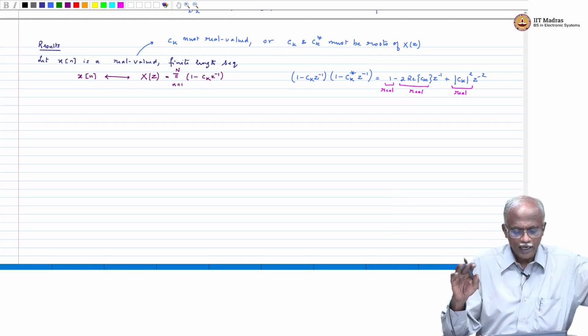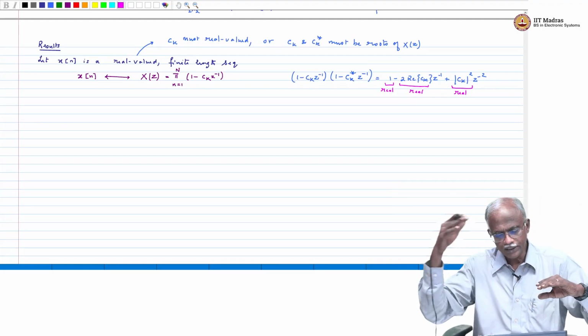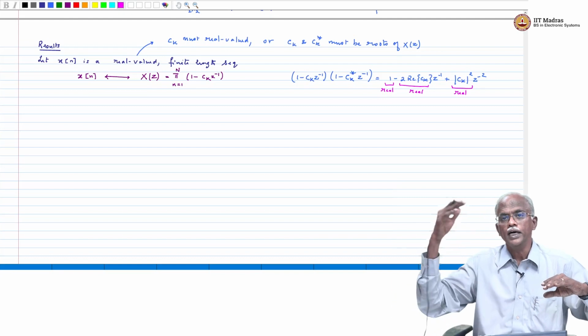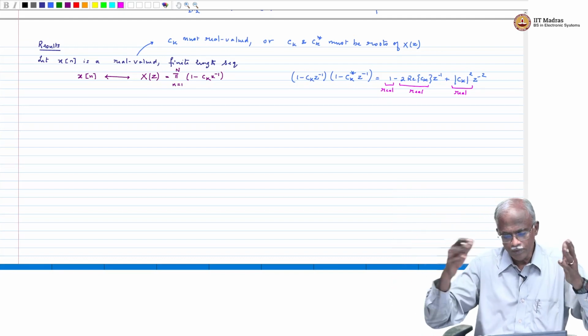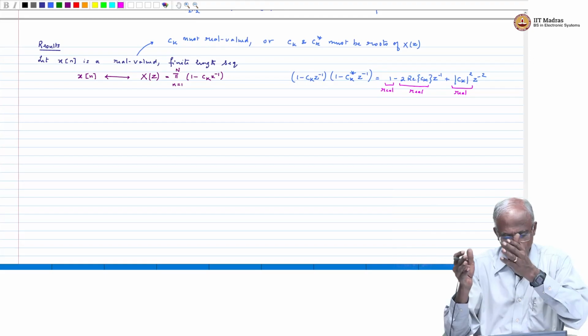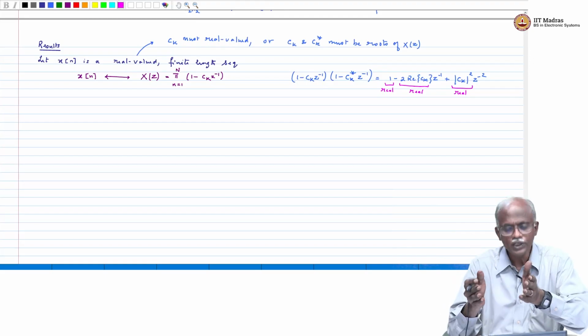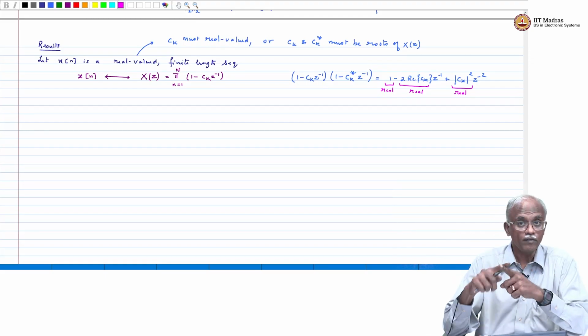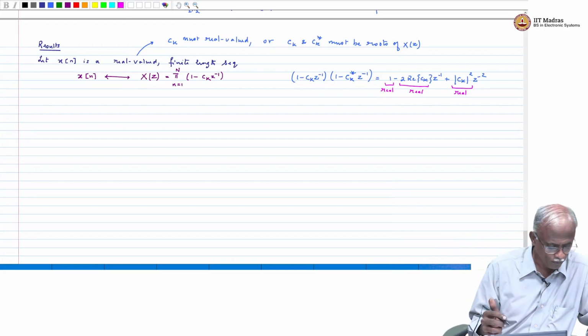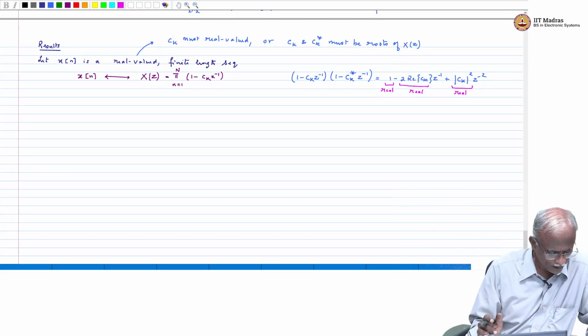So when you have a real valued sequence, the corresponding z transform, what I have written down is in the context of the zeros. It will either occur as real valued zeros or as a pair of complex roots.